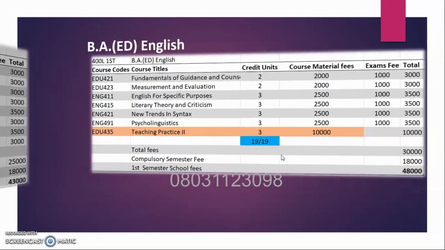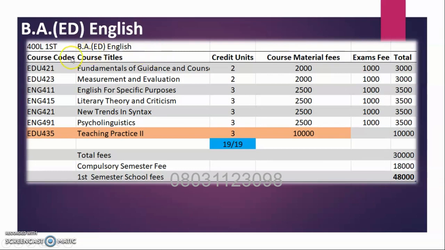Okay, so we have 400 level first semester courses here, which includes the second teaching practice. Same 10,000.